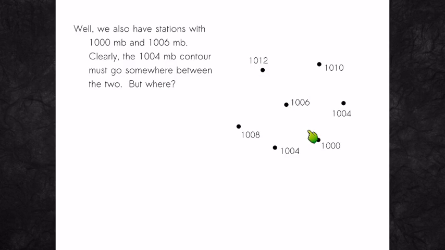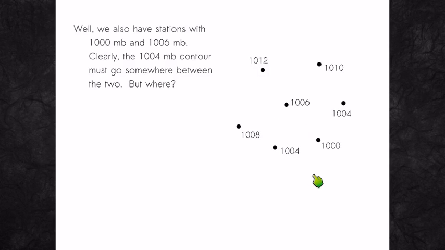Now, I should point out that in a strict sense, we don't know where it's going to be, right? Because we have no measurements there. So there's no way for us to actually know where the pressure in here is 1004 because we're not measuring it. So we have to make an assumption. And the assumption that we're going to make is that the pressure varies smoothly over this region.